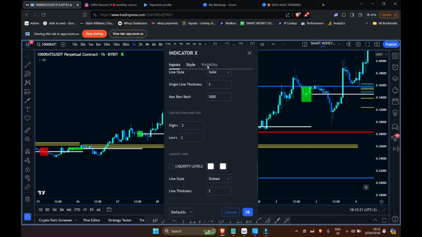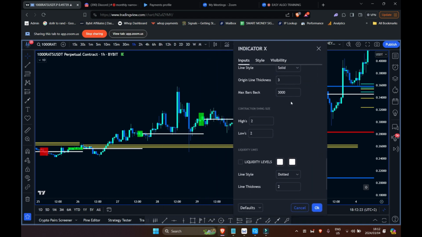A lot of people have been asking me which contraction settings to use. It's hard to say, because if you're on a higher time frame, it will differ from when you're on a lower time frame, and it's measuring the swing sizes. You can see this swing over here is very tiny, so if I had it any bigger, it wasn't going to pick it up. It would be picking up the bigger ones.